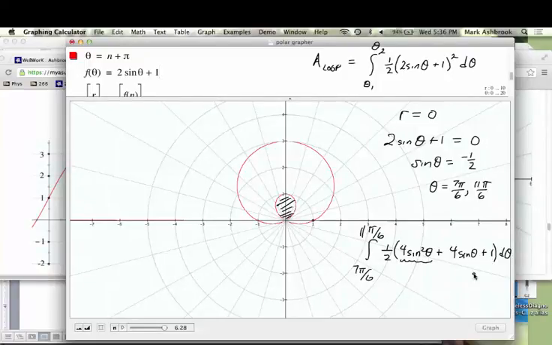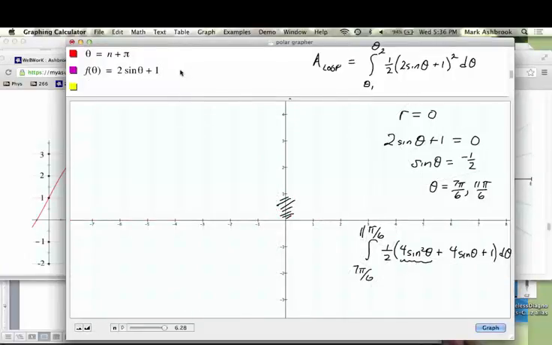So let's put it in and see what there is. I'm going to just use technology now. So what do we say? From 7 pi over 6 to 11 pi over 6, 1/2.